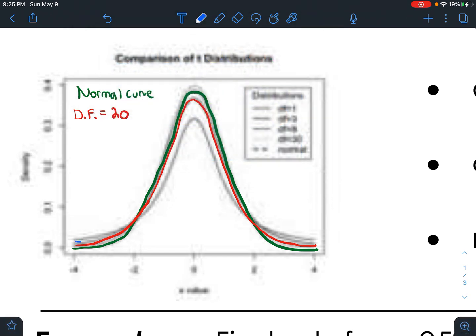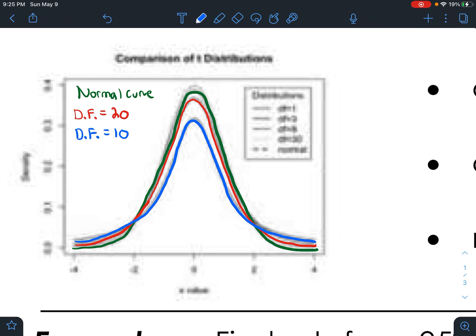And then if we go even further from this, you can see that curve peaks much lower. The tails are fatter, and we would estimate the degrees of freedom for this curve to be maybe somewhere around 10, maybe a little bit less.